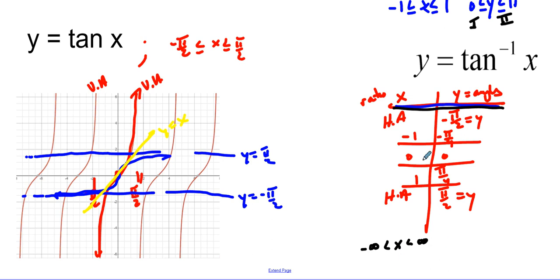I can plug any ratio in from here, because we have a horizontal asymptote that keeps on going. But the y values are approaching negative pi over 2 and also pi over 2, but never really get there. So we can't get 90 degrees or negative 90 degrees with the inverse tangent.